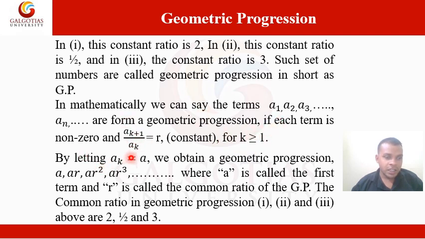By letting a1 equal a, we can obtain a geometric progression a, ar, ar square, ar cube and so on, where a is called the first term and r is called the common ratio of GP. The common ratios in geometric progressions 1, 2 and 3 above are 2, 1 by 2 and 3.